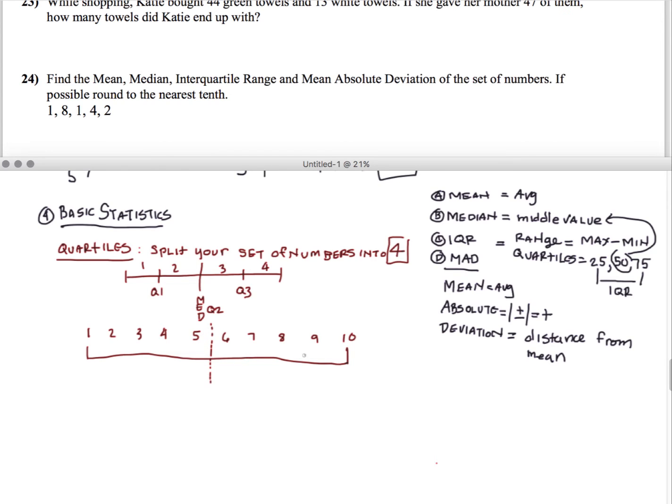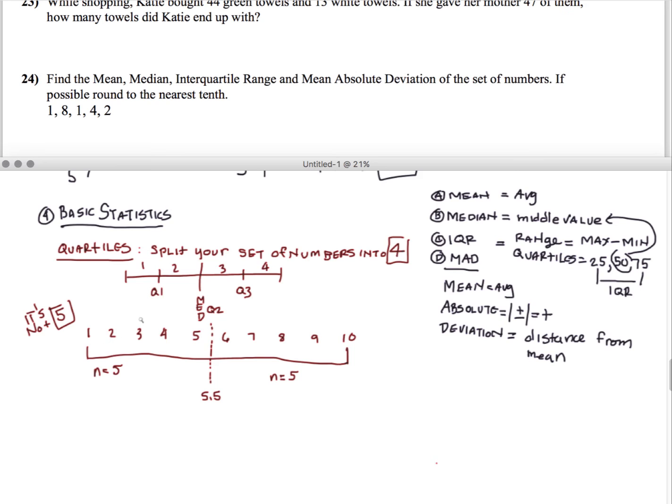And that's kind of curious because it's not 5. 5 is half of 10, right? But look, it's 5.5, the number between 5 and 6. Because look here, we have 1, 2, 3, 4, and 5. We have 5 numbers on this side and 5 numbers on that. And that's what a median does. It splits both in half. So let that sink in intuitively, okay?